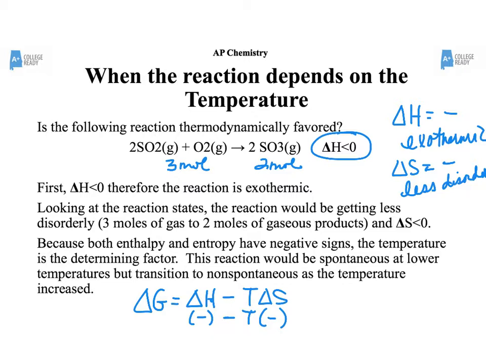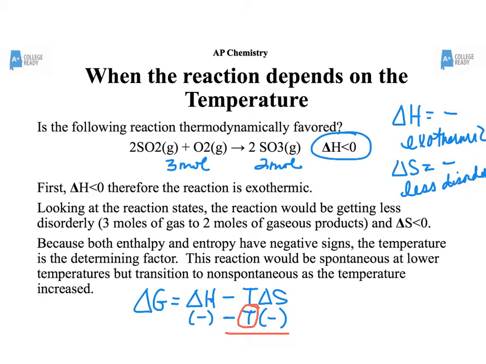In this case, it's going to be the temperature. Why? Because if T is really low, then a negative times a negative gives a positive, so the T delta S part stays small, and that would give us a negative delta G overall.